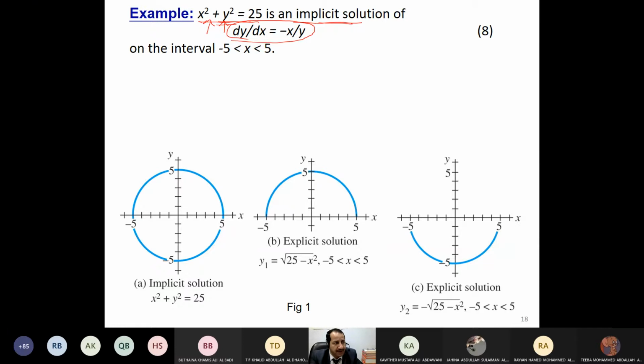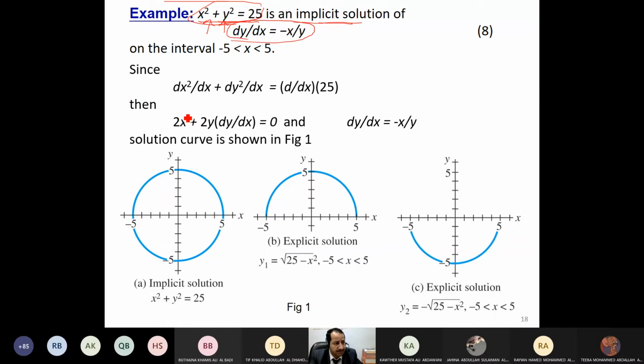Now if I come to this function and differentiate, it will be 2x and here 2y dy over dx, and here the differentiation for 25 will be 0. Rearrange, we go with this function. Yeah, this is correct. This function is implicit solution of dy over dx equal minus x over y.